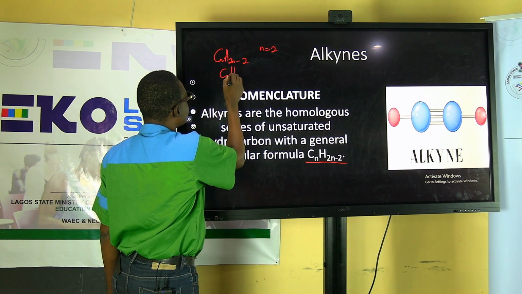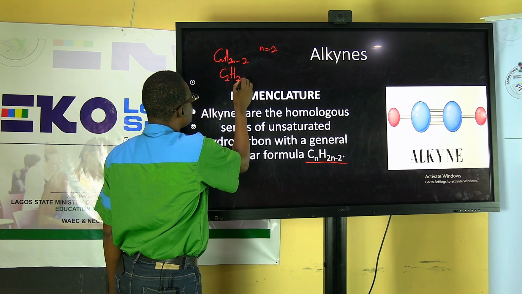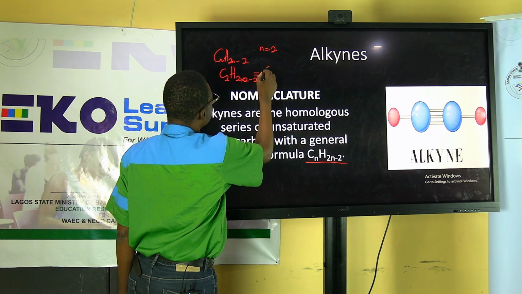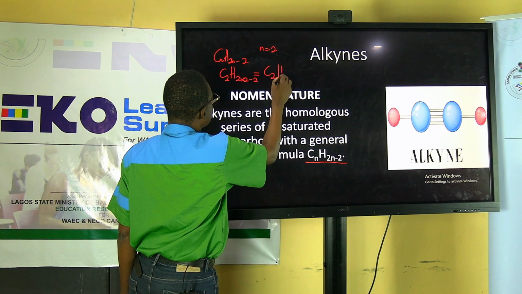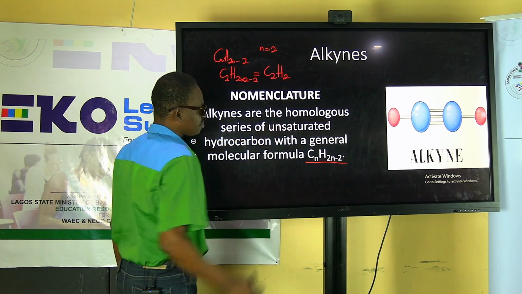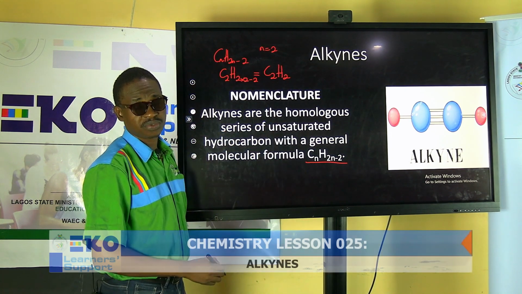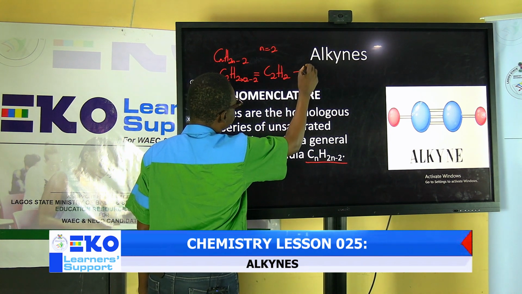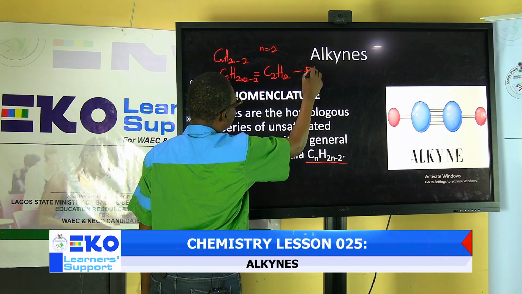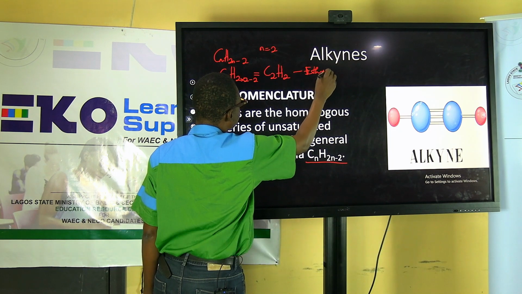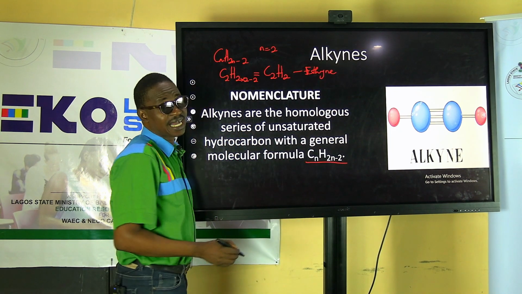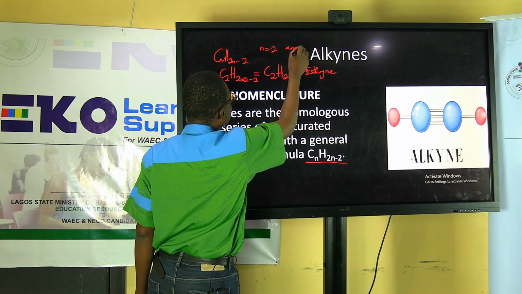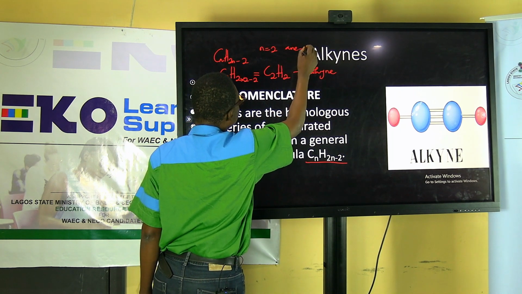So when n equals 2, you have C2H2 times 2 minus 2. And that will give you C2H what? 2. Good. C2H2. And the name implies that we have what we call ethyne. The A and E has been replaced with what?